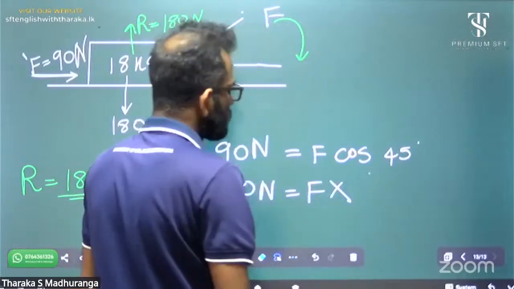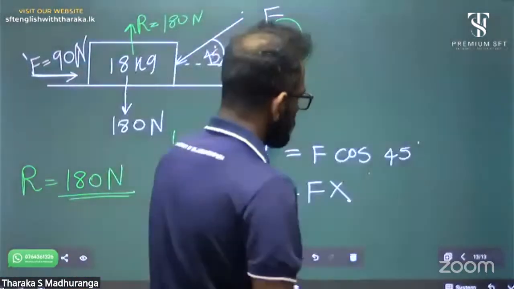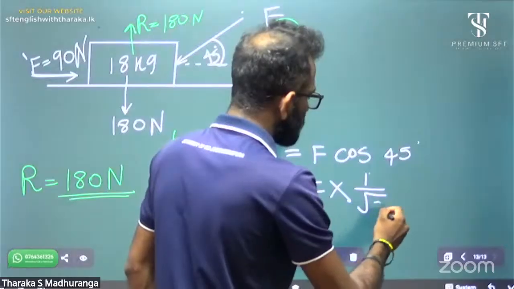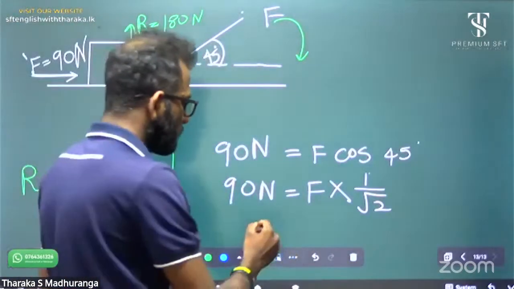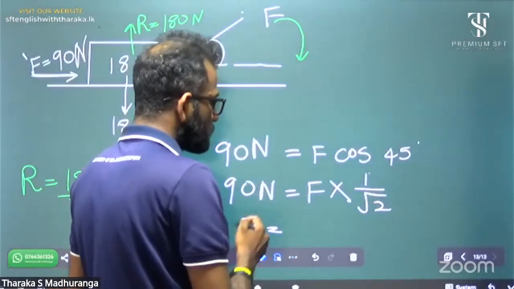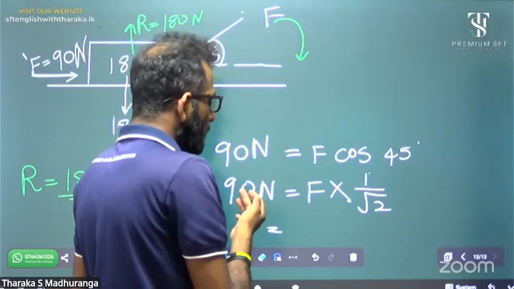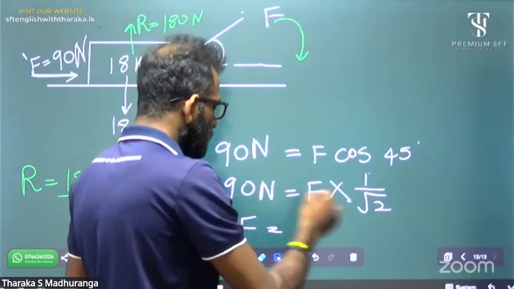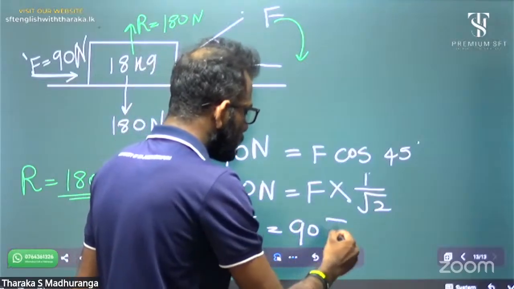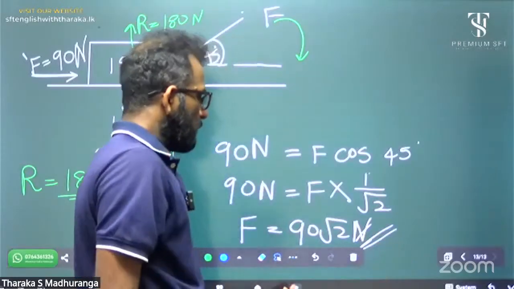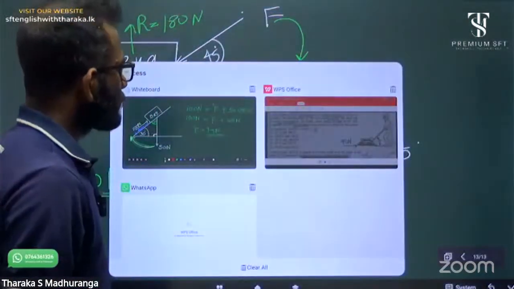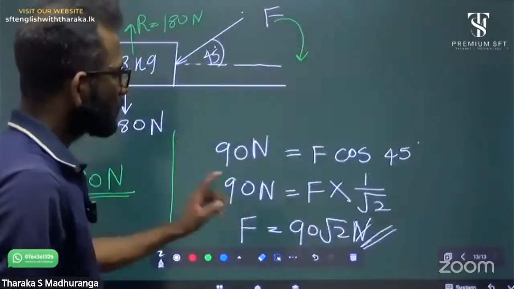Cos 45 is given as 1 over root 2. Now you can isolate F. F equals 90 root 2. Understood?